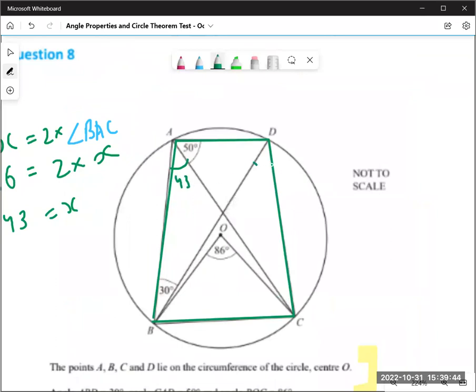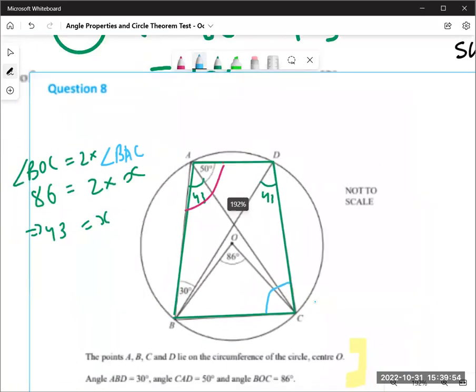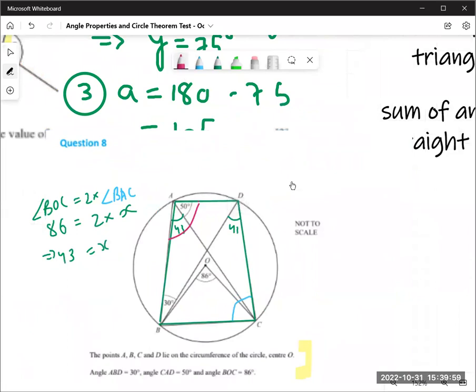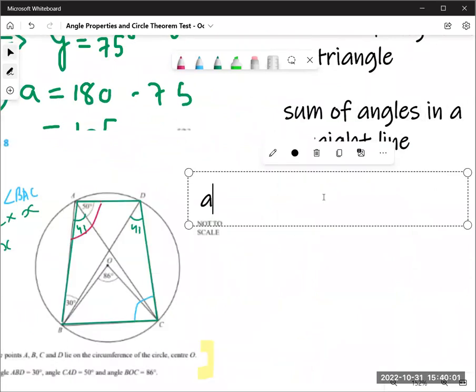I know that already. This was also 43. So if I look at this whole thing, can I find this angle? Yes. What is the rule? We know by the rule, which is angles, opposite angles inside. Tell me, what is it?